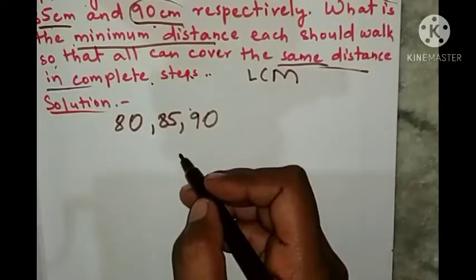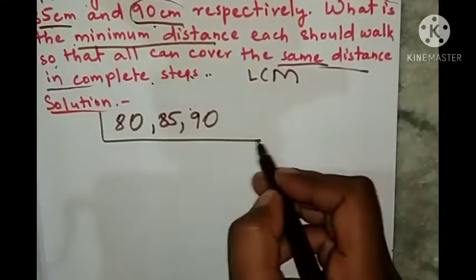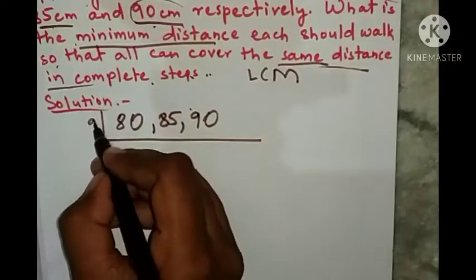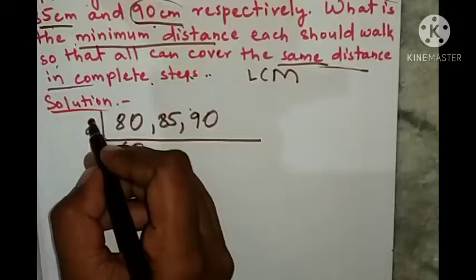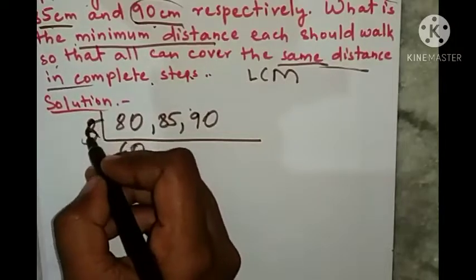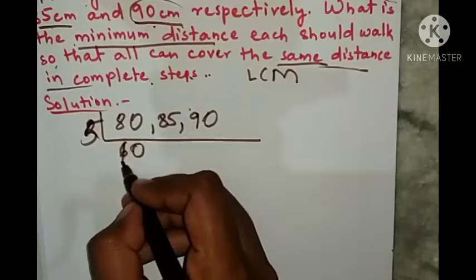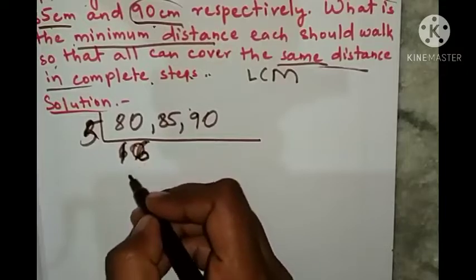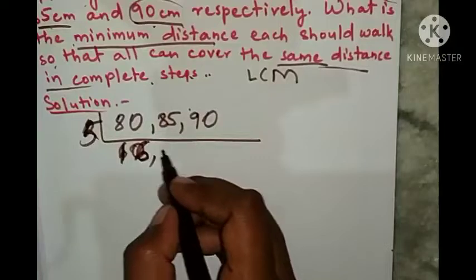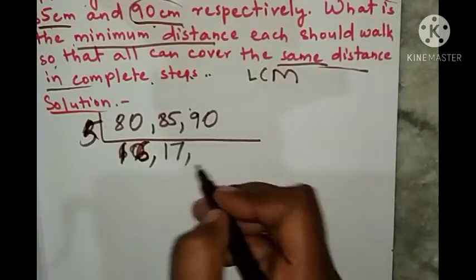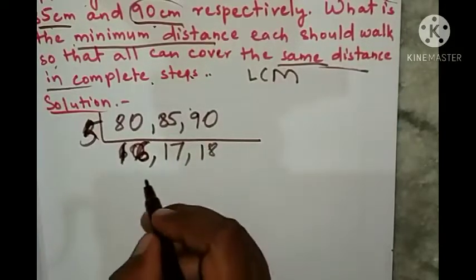So what you will do? You will write 5. 16 5s are 80. Then 17 5s are 85. Then 18 5s are 90.